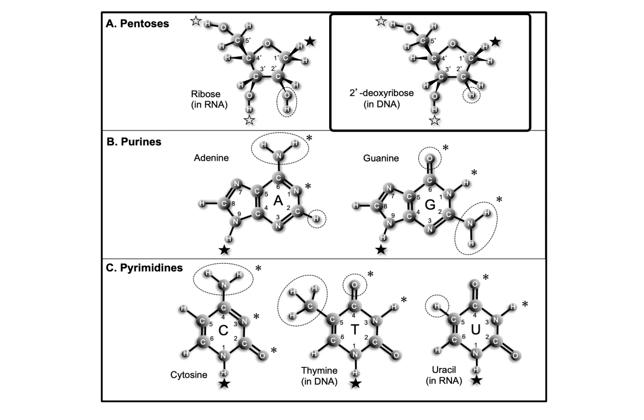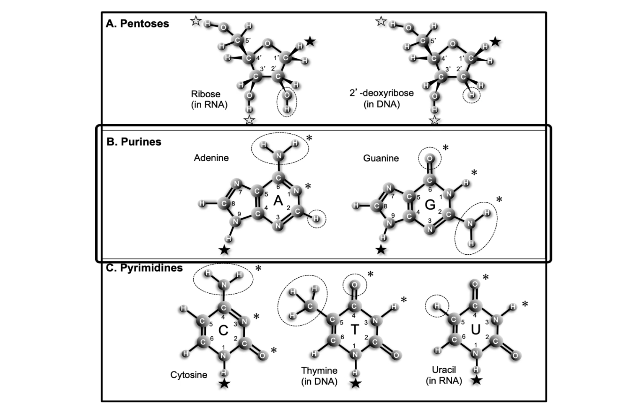And in deoxyribose, 2' deoxyribose, there's a hydrogen here rather than a hydroxyl. For the purines, there are a few differences. Adenine has a hydrogen here, where you have an amino group in guanosine or guanine. And up here you have an amino group in adenine, whereas you have a carbonyl oxygen on guanine.